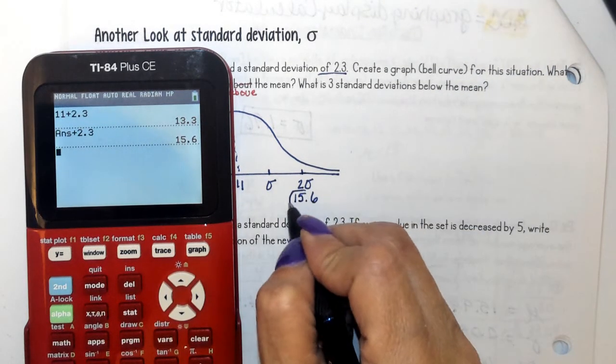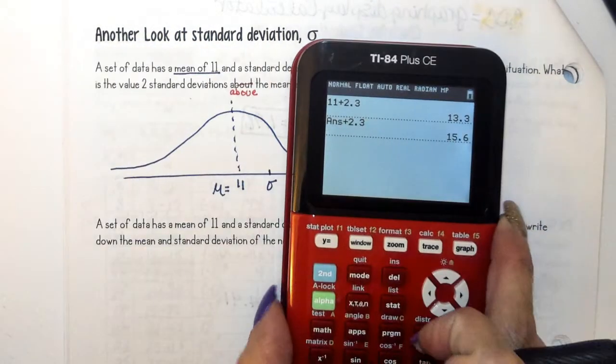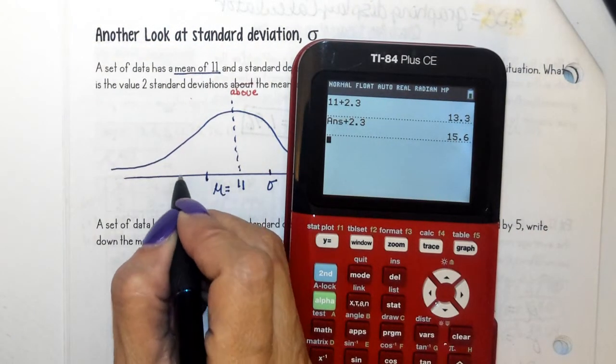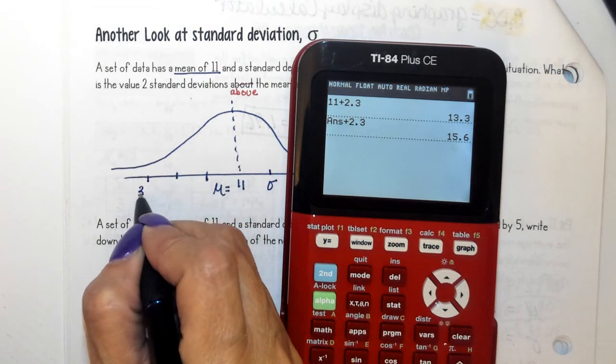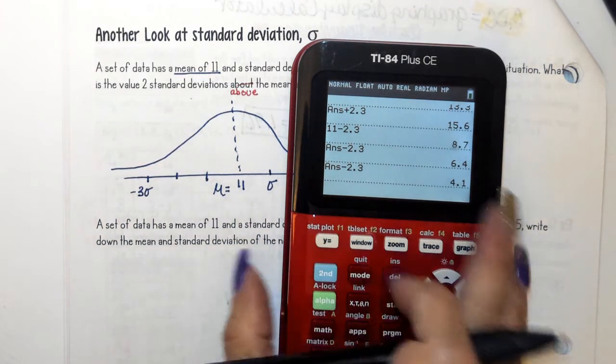So that would be this one, 2 standard deviations above. What is it 3 below? So 1, 2, 3 below. So we're going to do 11 minus 2.3, minus 2.3, minus 2.3. We are at 4.1.